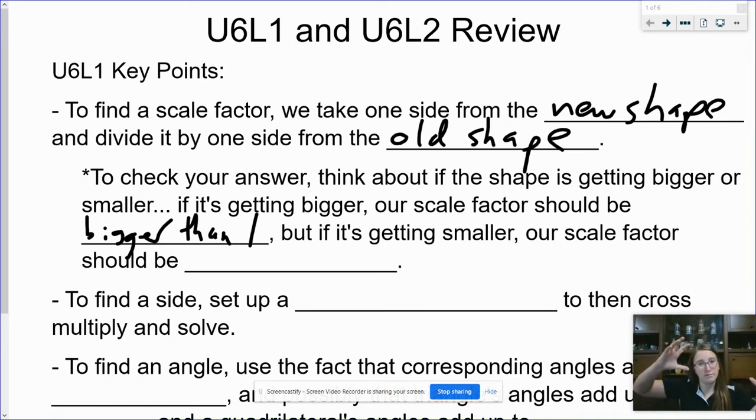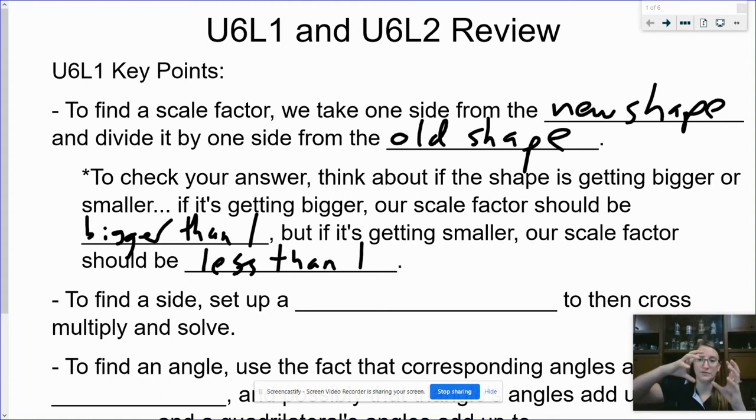However, if we're going from this shape and getting smaller, and again, you would be able to see that, saying, okay, this is where I start, this is where I go. These numbers are bigger than these ones, yeah? So it's getting smaller. What ends up happening is your scale factor should be less than 1. So that means it's going to be a decimal, like 0.5 or 0.33 or something like that.